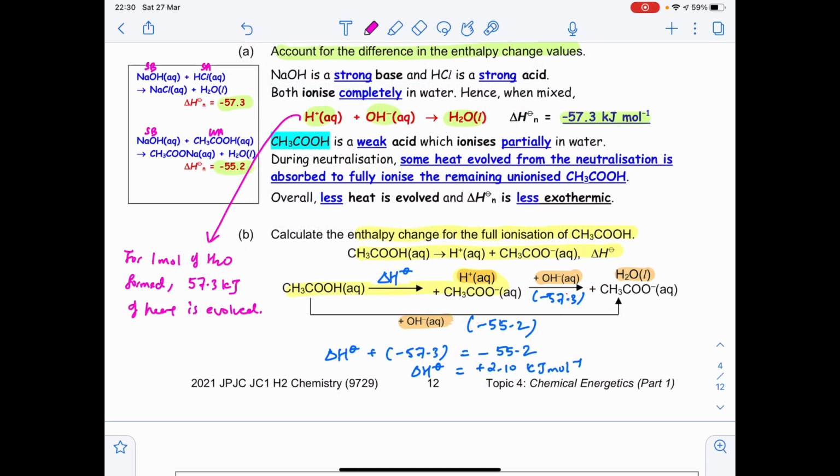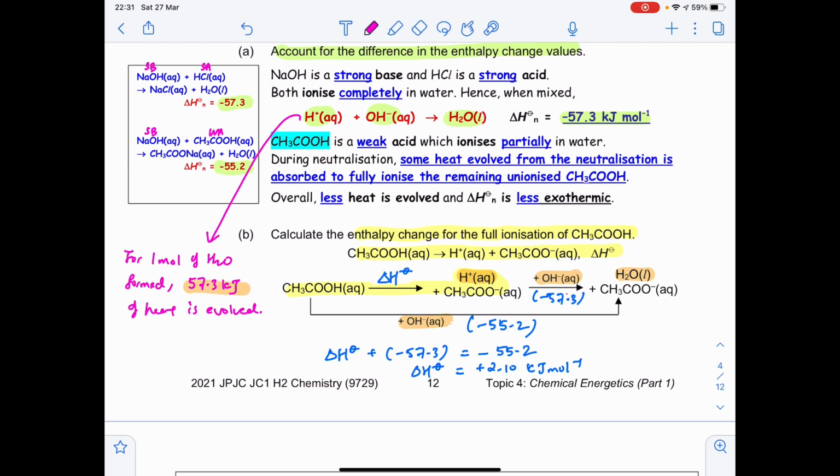Or you can simply solve by understanding that for complete neutralization to form 1 mole of water from 1 mole of H⁺ and 1 mole of OH⁻, the heat evolved is 57.3 kilojoules.